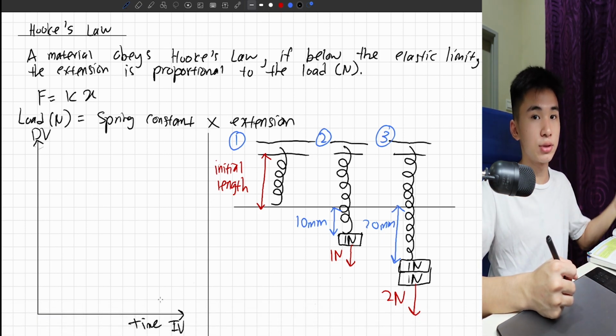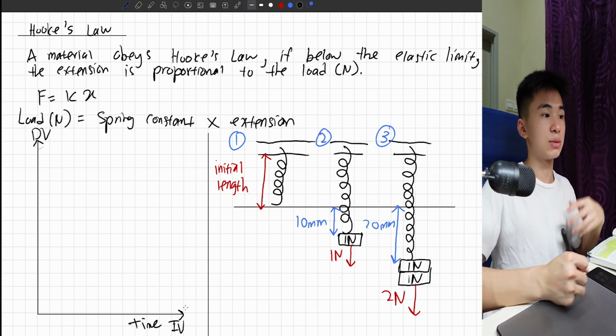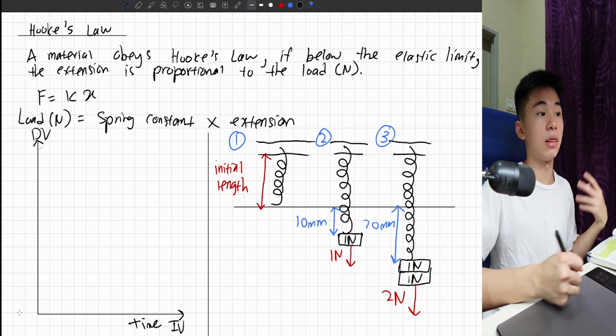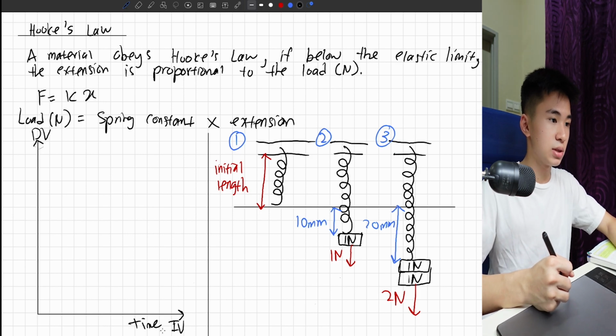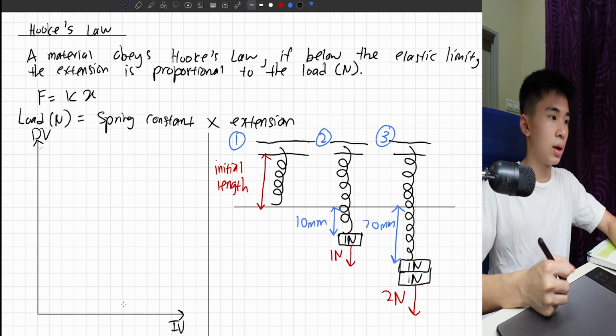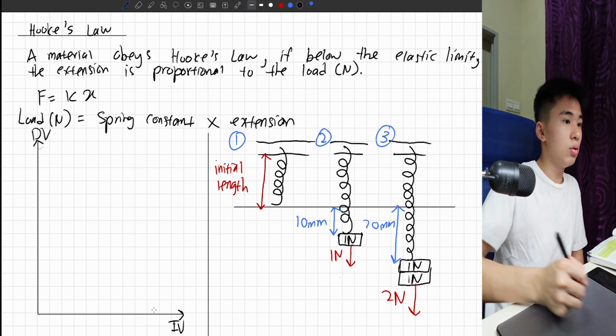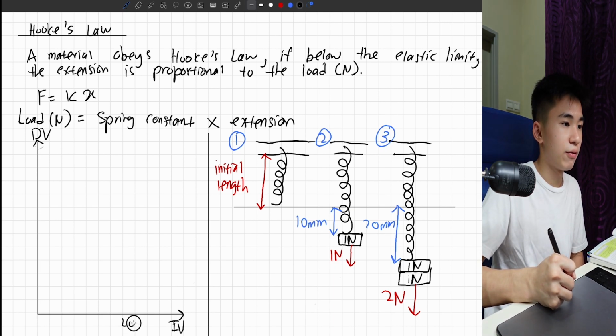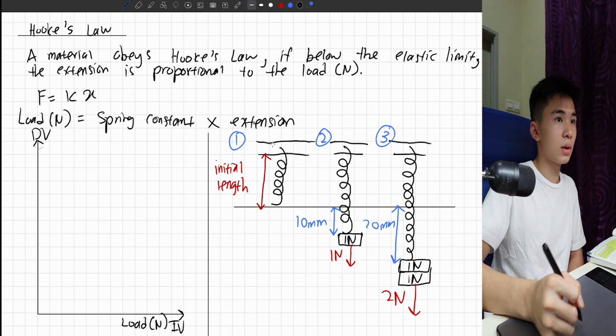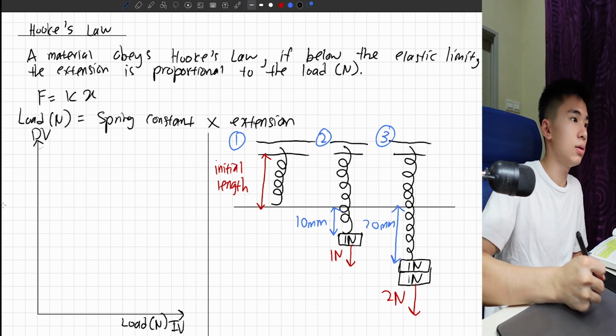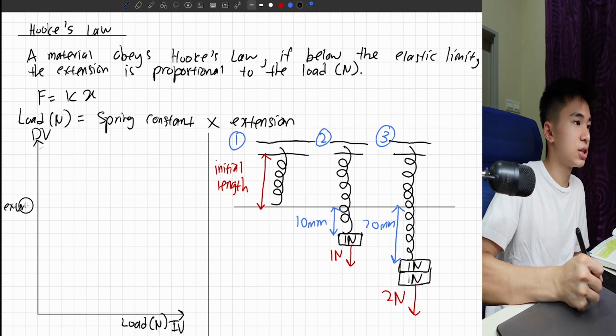That is why it is on the x-axis. So the load is going to be the independent variable, in Newton. And the extension will be here.